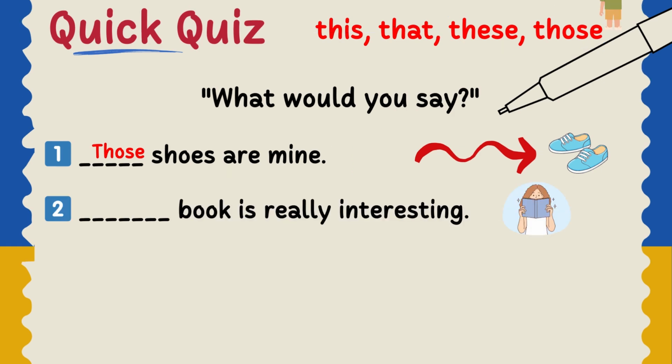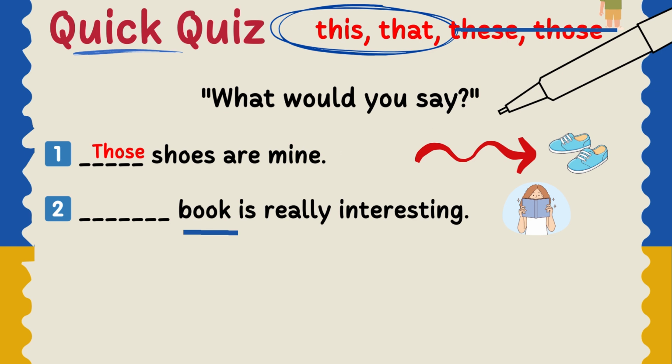Let's take a look at question 2. Something book is really interesting. So, are we talking about one item or multiple items? Book. Book is one item. So straight away we know that it's going to be either this or that. One item, less letters, this or that. Now we need to figure out distance.